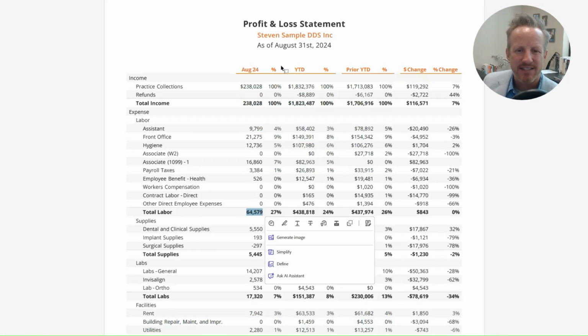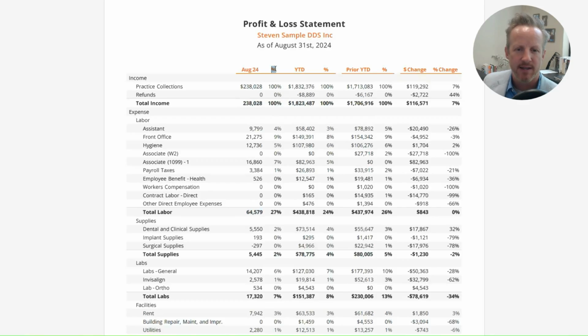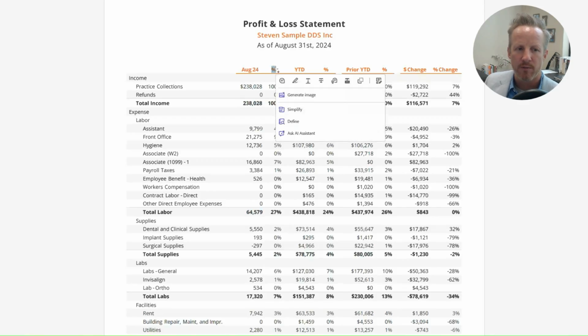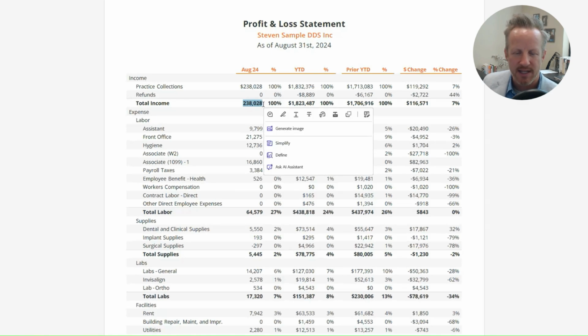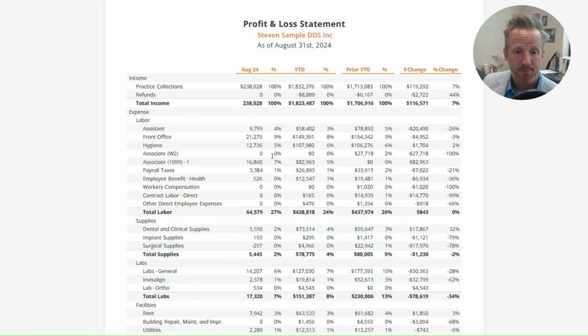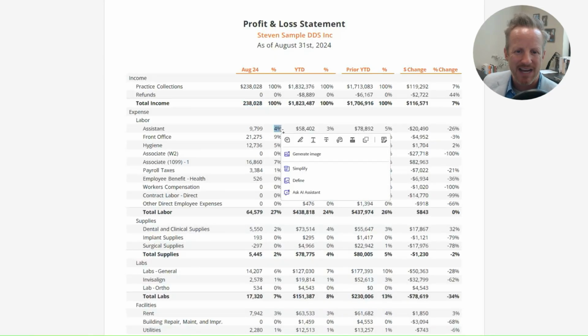And you'll notice the next column over is a percent. What that third column should be showing is how much of your income for the month, in this case that $238,000 collection, is going to pay these expenses. For example, the assistant cost of $9,799 constitutes 4% of your collections.